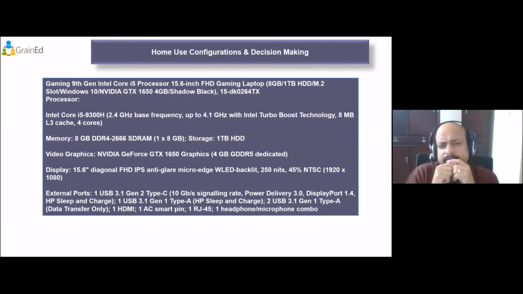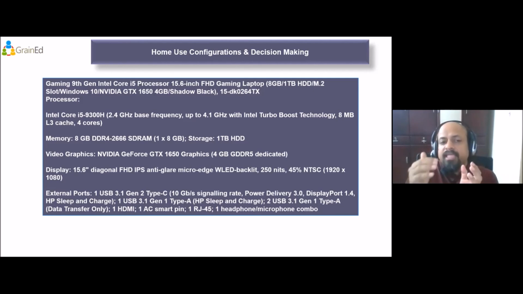So this is one example of a gaming computer, not the laptop which probably you are using. A very powerful gaming computer. One example of a configuration where you see these new terminologies these days: 4 cores means 4 processors inside.